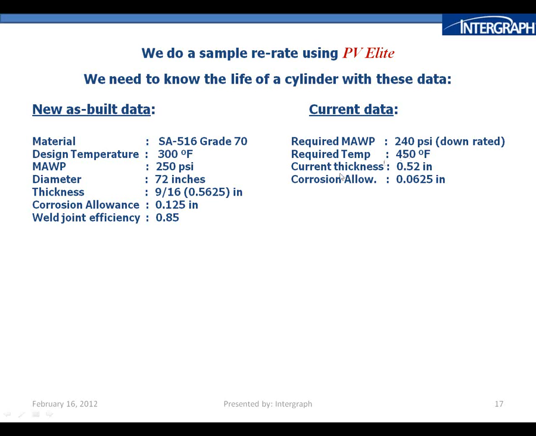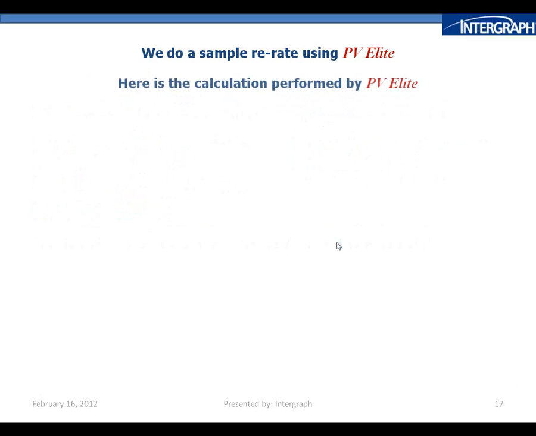And the current thickness, the average thickness that we've calculated using some, maybe API 579, is 0.52 of an inch. Remember, the original thickness was 0.5625. And the corrosion allowance that we want in future is 0.0625. Now, this is a very, very simple process as far as PV Elite is concerned. Let's just have a look exactly how this is done.